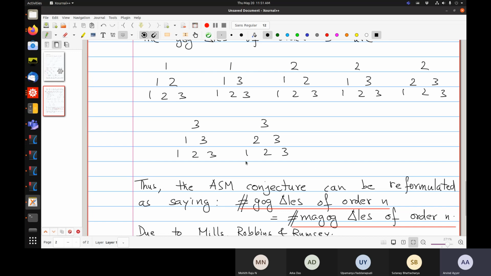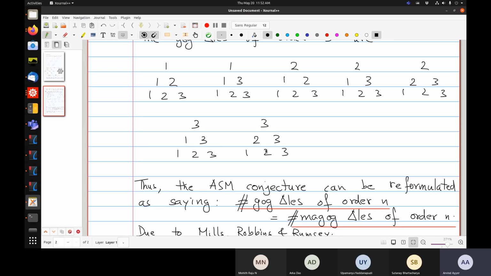So let me also say that there are further statistics that are common between the two. I'll not go into it too much, but just as I mentioned in the very beginning of the course, I remember I gave you 4 statistics for ASMs and 4 statistics for descending plane partitions, and the number of objects on both sides fixing those statistics are the same, and there is a proof, but non-bijective.